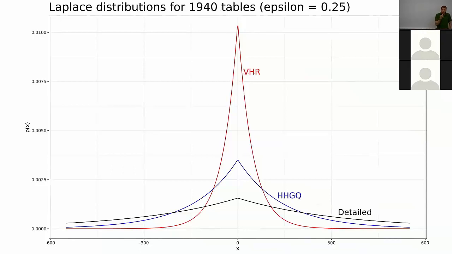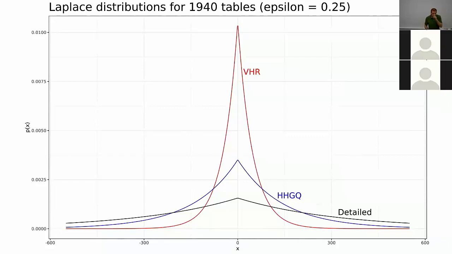Now, the reason these are important is because these are the actual Laplace curves that Census Bureau would have generated for the 1940 data that they published under a global privacy loss budget of 0.25. So the red line represents the noise curve for the voting age Hispanic race table.